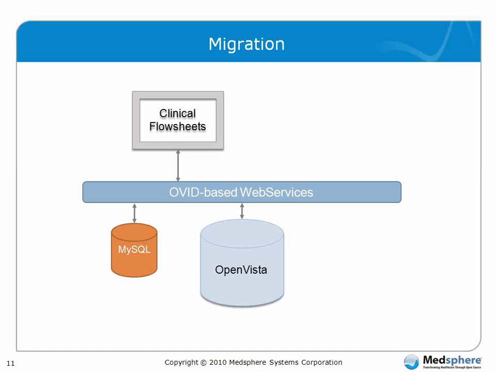When we were originally implementing it, we thought, well, anytime there are new data structures we want to store, we don't want to change the data definitions within the OpenVista system, we can at the same time put those data elements into a MySQL database. And in our prototype, we actually had that running.